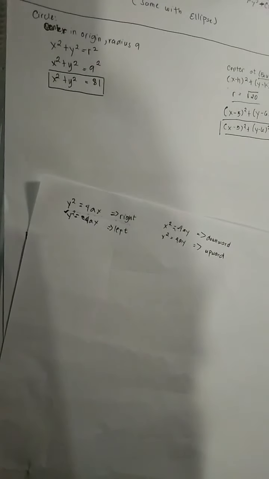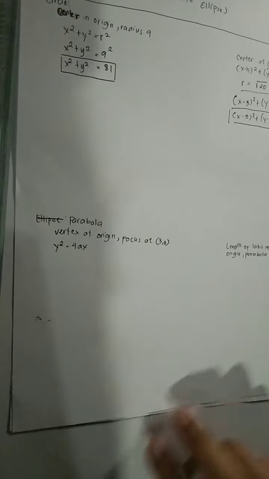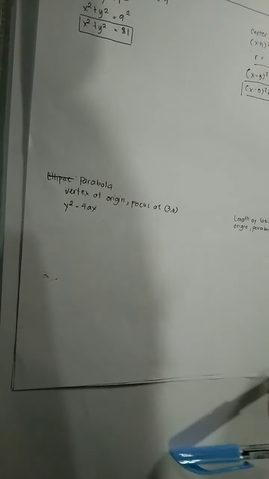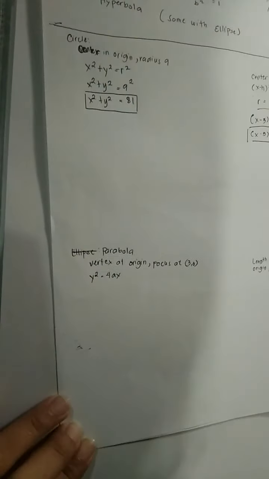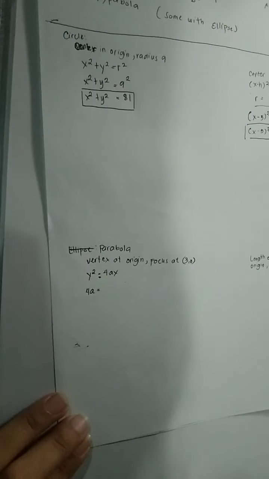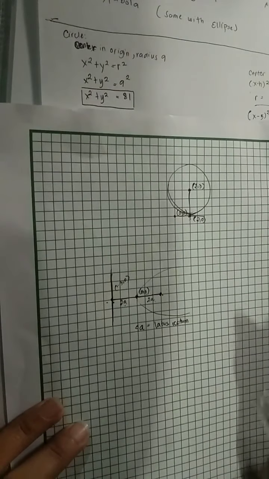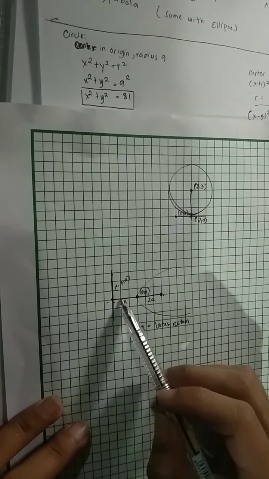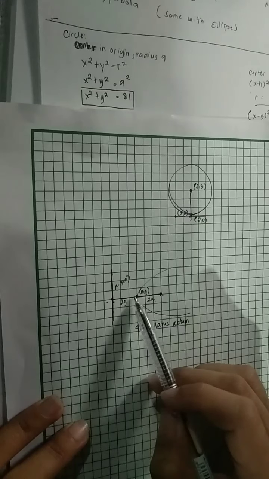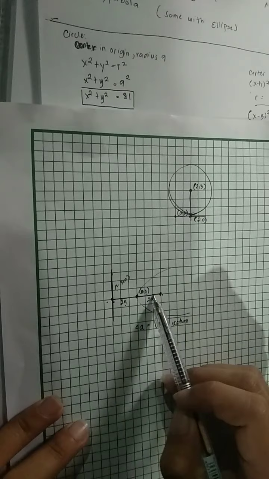Ayan. So if 4a is our latus rectum, we have to count 1, okay, it's the vertex, 1, 2, 3, 4, 5, 6.